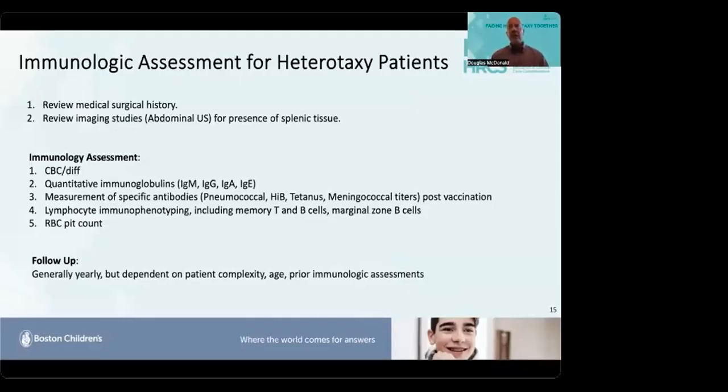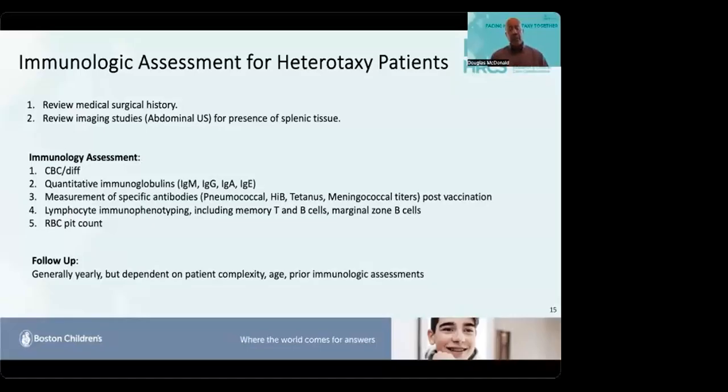And typically our lab work consists of a CBC and differential, as well as an assessment of quantitative immunoglobulins, which include IgM, G, A, and E, and also a measurement of specific antibodies to pneumococcus, Hib, and meningococcus, as well as tetanus in our patients who have received their vaccination series.